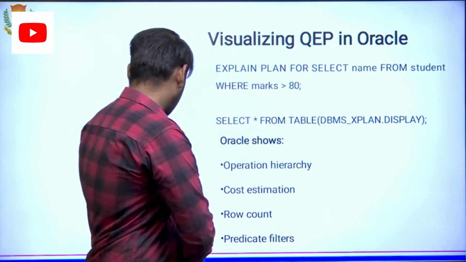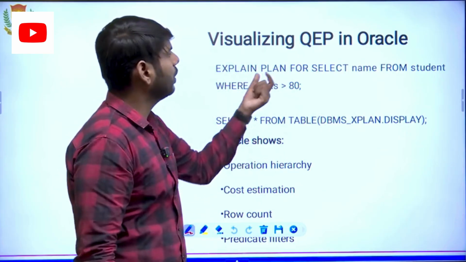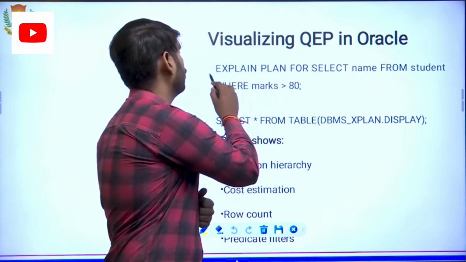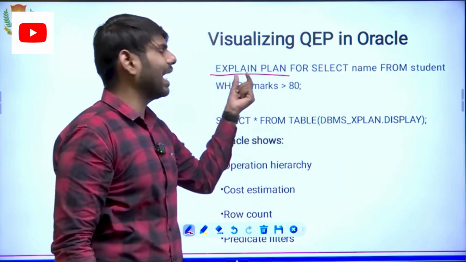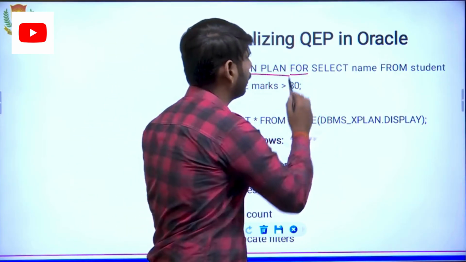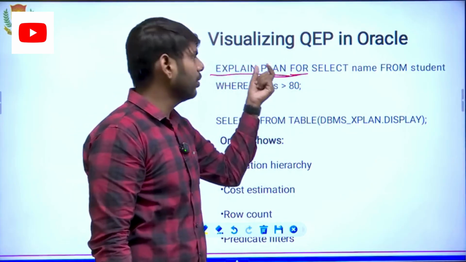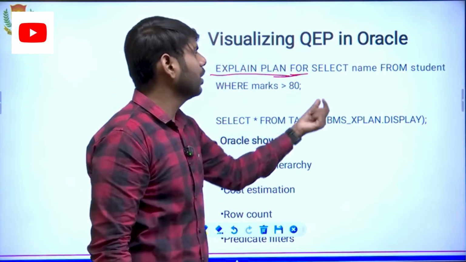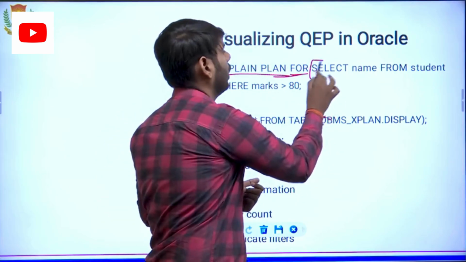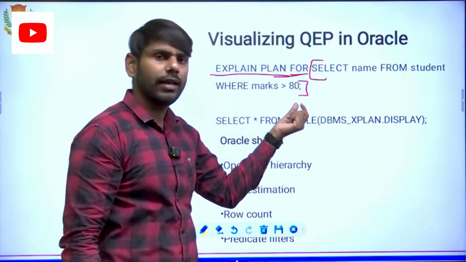Next, how are you going to do this same process in Oracle? In Oracle you have to write explain plan, and then you have to use for. So the syntax in Oracle is: explain plan for, then you write your query: select name from student where marks greater than 80.